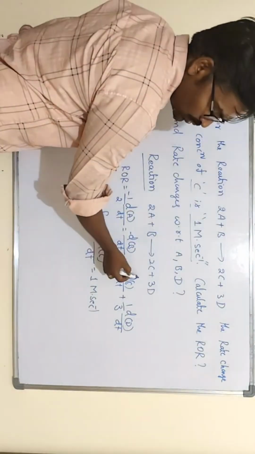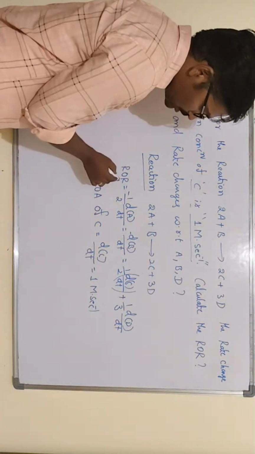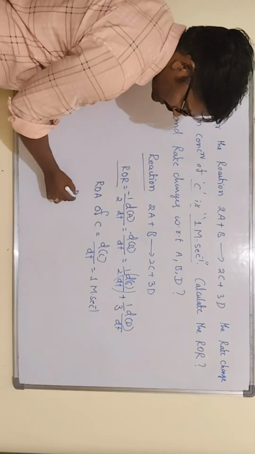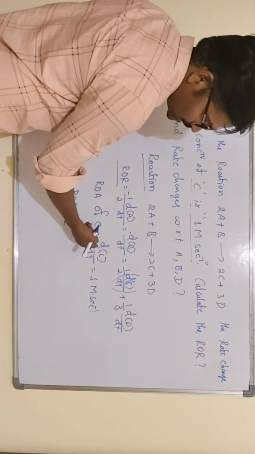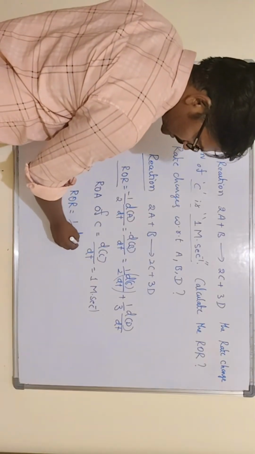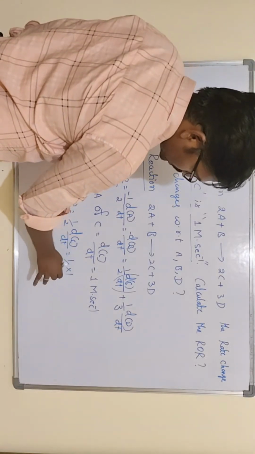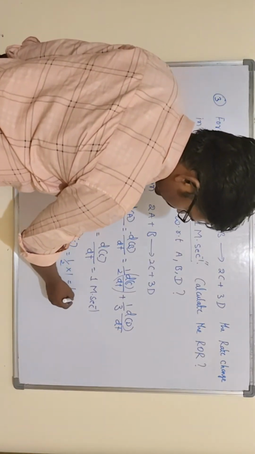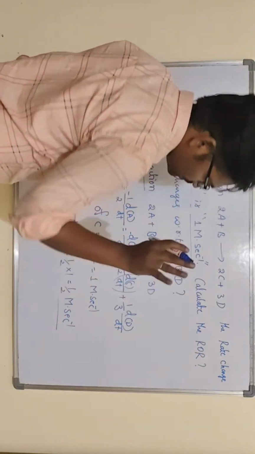Only this value is mentioned. So to find out the rate of reaction, rate of reaction equals 1/2 into d[C]/dt. So 1/2 into 1 you get 1/2. So you get 1/2 molarity second inverse as the rate of reaction.